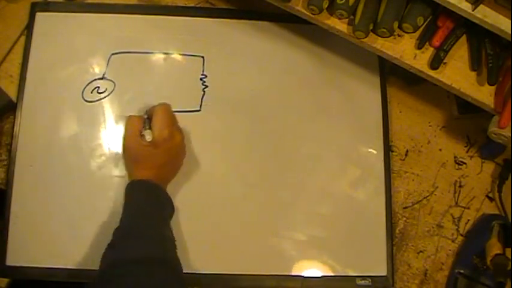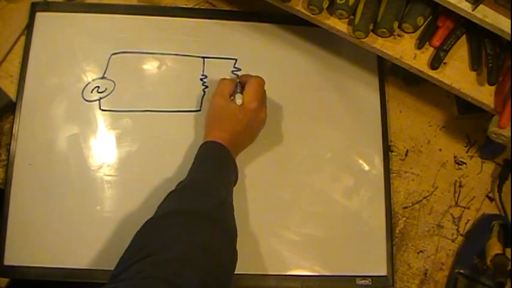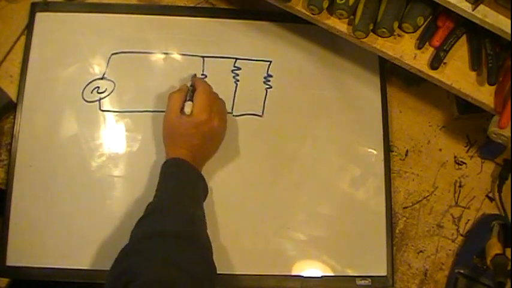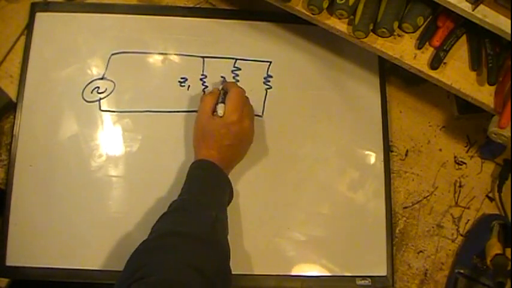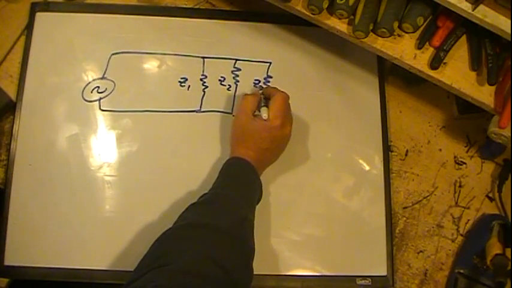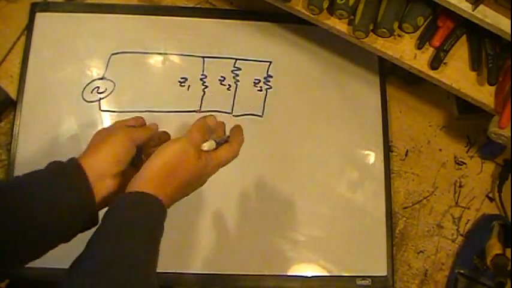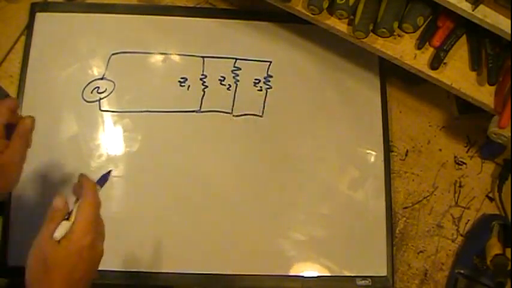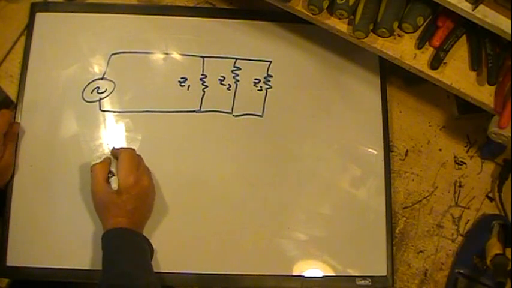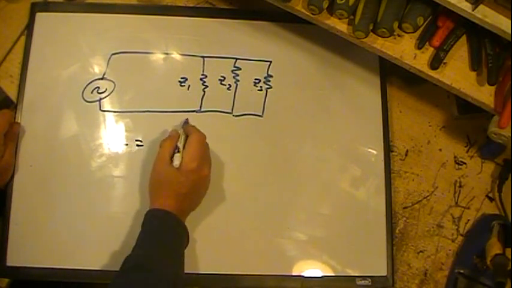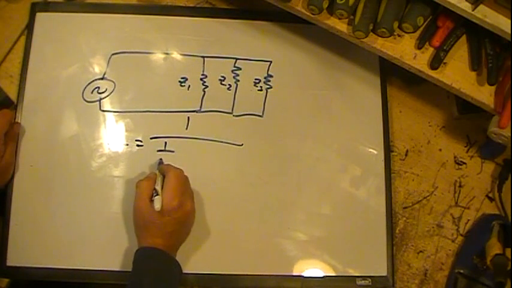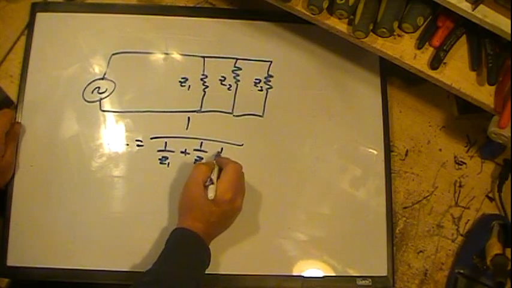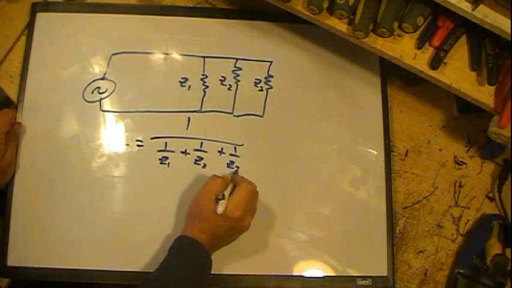So I can go like this, same style circuit, except in this case this is going to be Z1, Z2, and Z3. Again though, it works the same way as DC. Define the total impedance, Z total, the same way: Z total equals 1 over Z1 plus 1 over Z2 plus 1 over Z3.